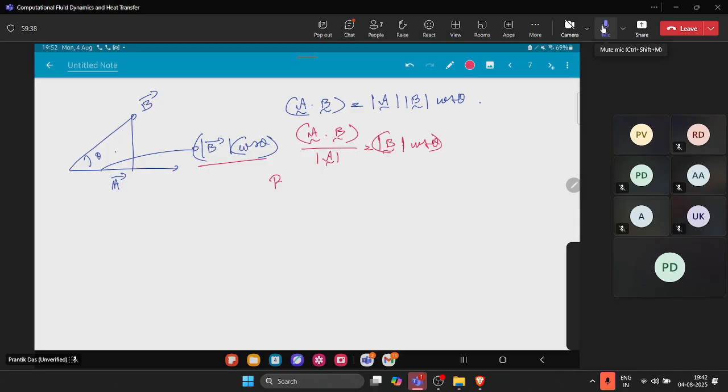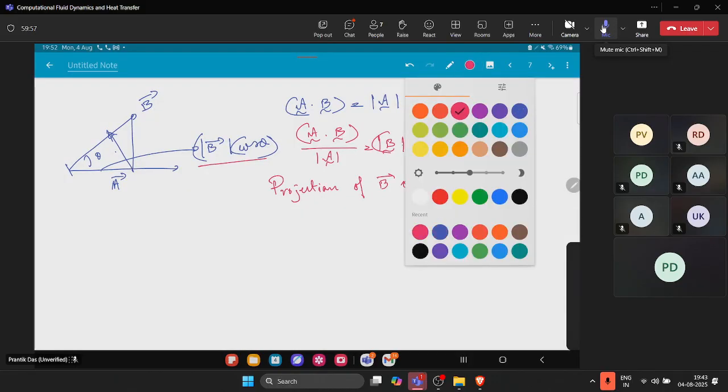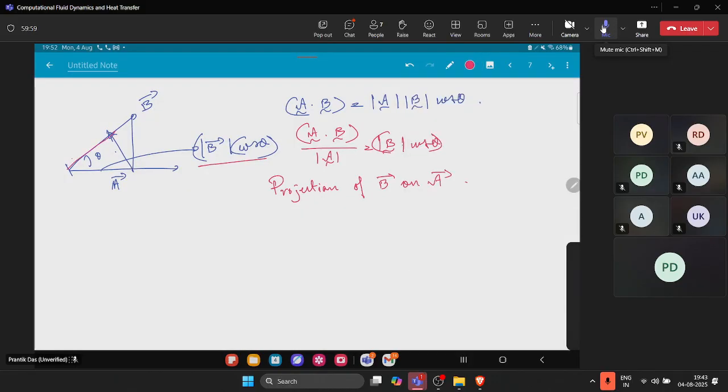Projection of B vector on A vector. Similarly, you can also find out the projection of the A vector on the B vector. What you have to do is draw a perpendicular like this, and this becomes the projection of the A vector on the B vector, where this becomes A vector magnitude cos theta, this portion itself.